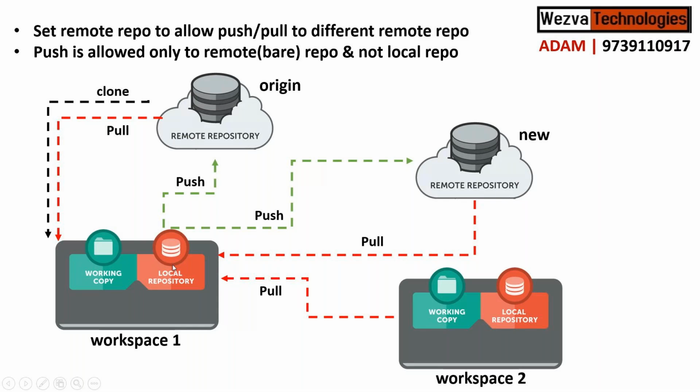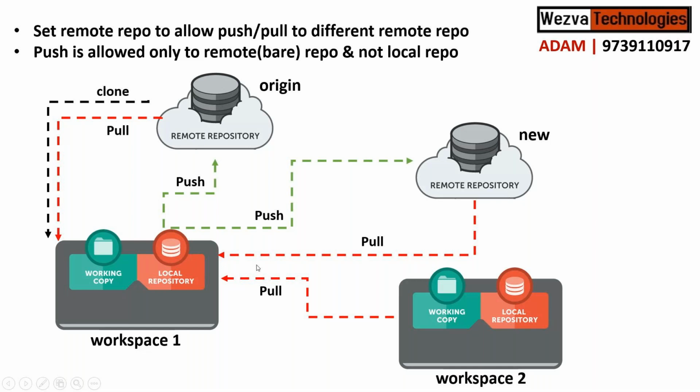In general, the repository available in the remote repository is called a bare repository. The repository that you have locally inside your workspace is called a non-bare repository. So push can happen from a non-bare repository to a bare repository. It cannot happen between two non-bare repositories.